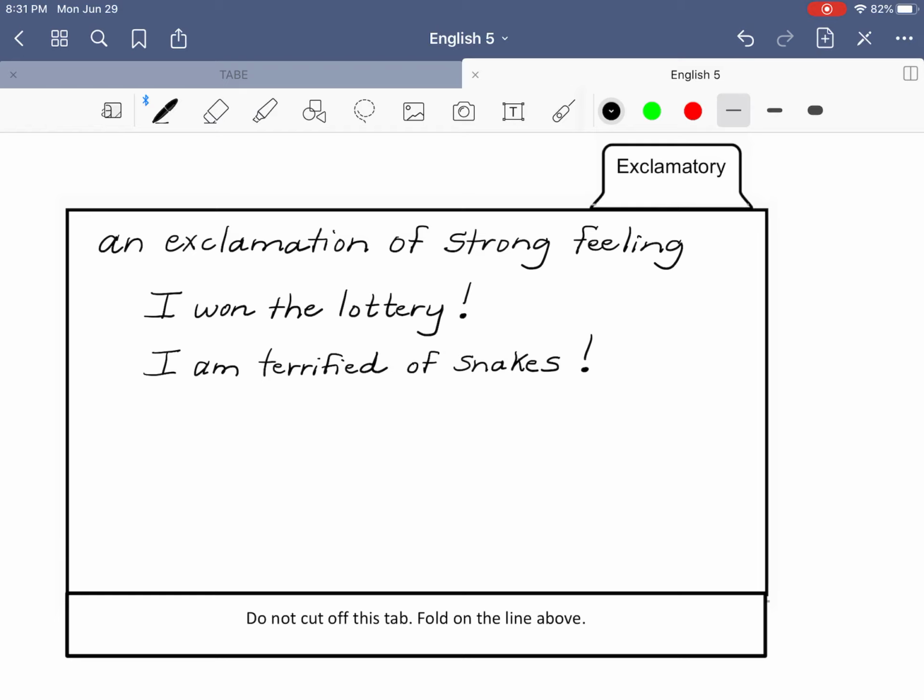So these sentences express strong feeling. You capitalize the first word and you use the exclamation mark to show that strong feeling. Anytime you use that mark, you are expressing stronger than average emotion.